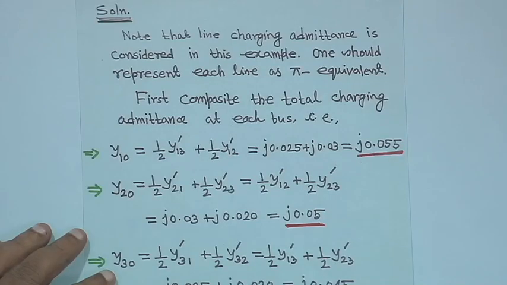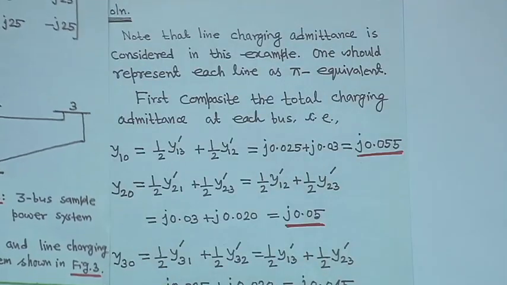So that is the charging admittance of this example, y10. Now you have understood this.